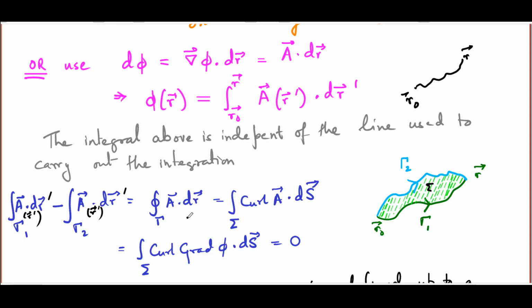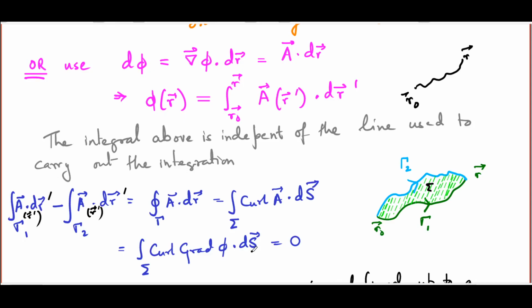Now, Stokes' theorem tells us that the line integral of a vector field A over a closed loop is given by the curl of the vector field's integral over the surface sigma. But this is simply curl grad phi dot dS over sigma, since A is gradient of phi according to our proposition, and for every smooth field curl grad phi is 0.